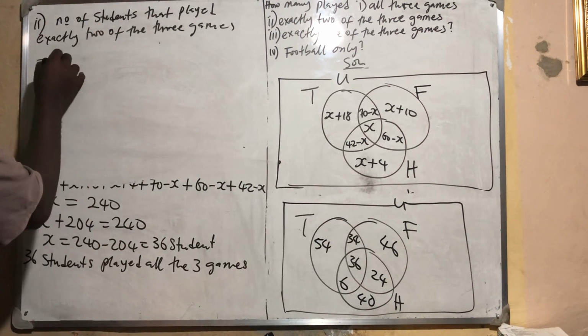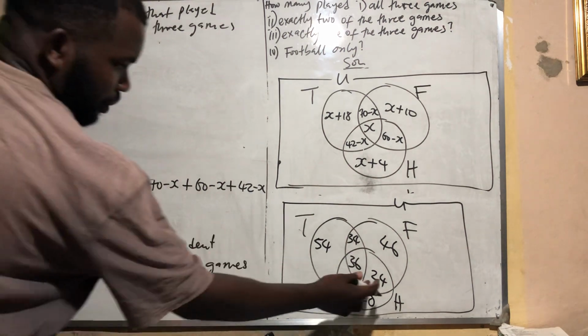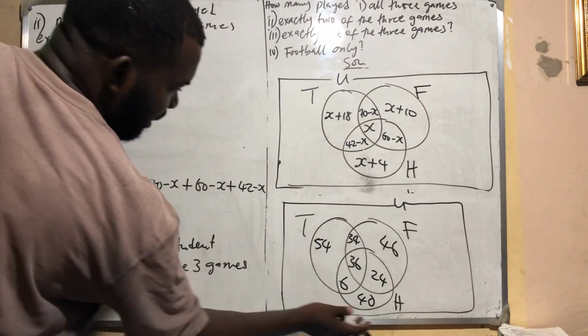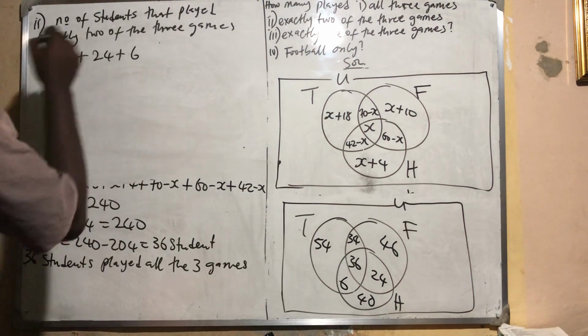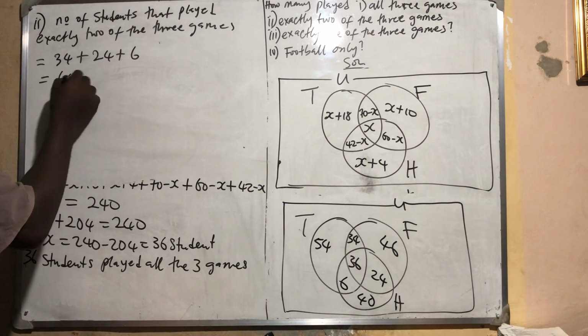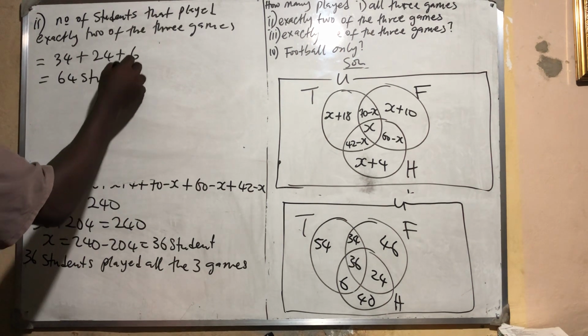That is 34 plus the people that played two of this one, which is 24, plus the people that played two of this, which is 6. So what do I have now? I'm going to have 34 plus 6 plus 24. So I'm having 64 students. All right.